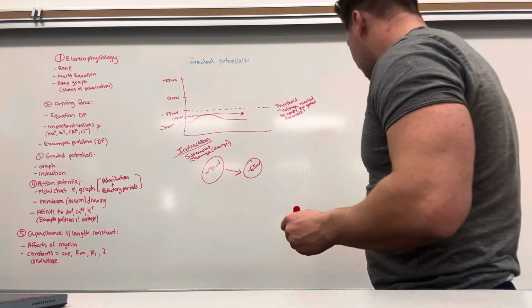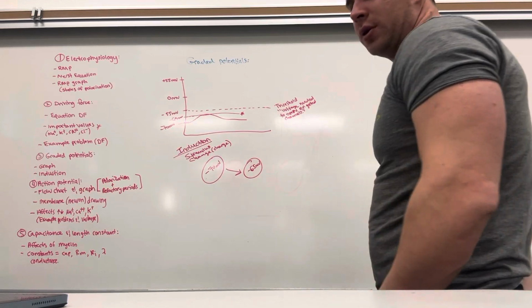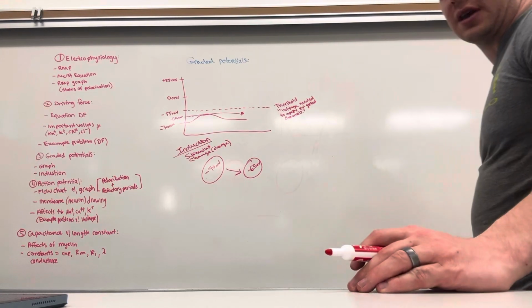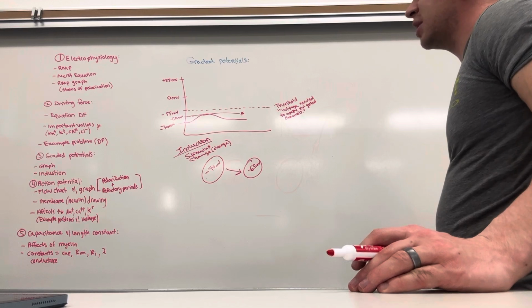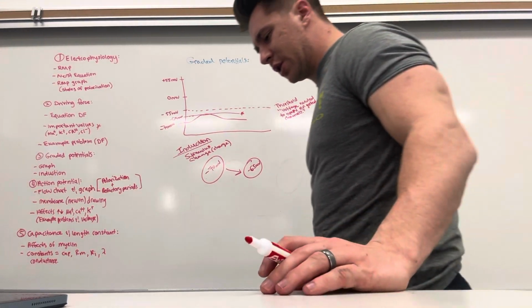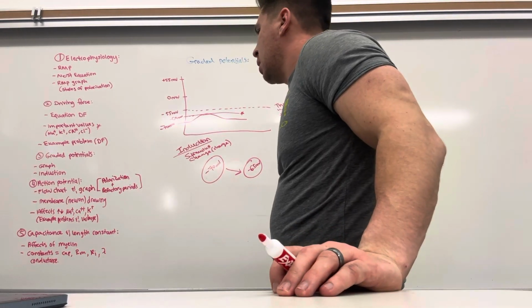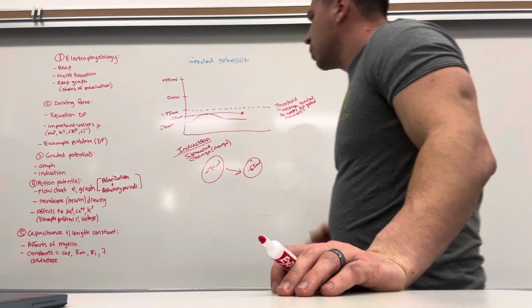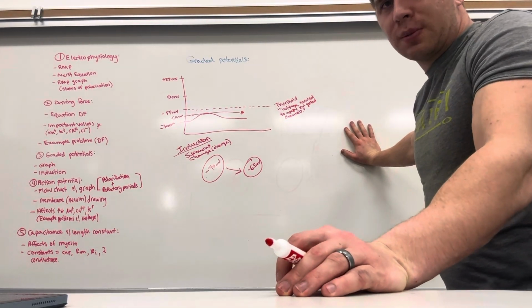And so with the graded potential, what we know about these is they just don't exceed that threshold. Therefore, we don't end up having the sodium channels open up, leading to a depolarization, to a repolarization, to a hyperpolarization, and back to resting membrane potential. So the opposite of this is what we'll discuss now as we get into section 4 with action potentials.